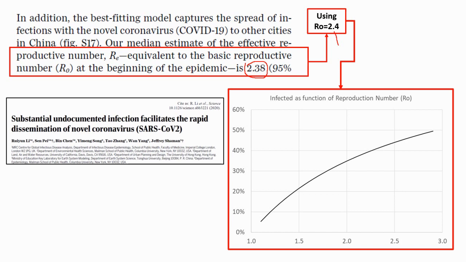And what that does is, here's 2.4, and it puts about 42% of the population will be infected at that R0. And then, like I said, we're going to get down to 1.3. So that is about 15%. That's a huge reduction. Yes, and it works out to about 1/3.